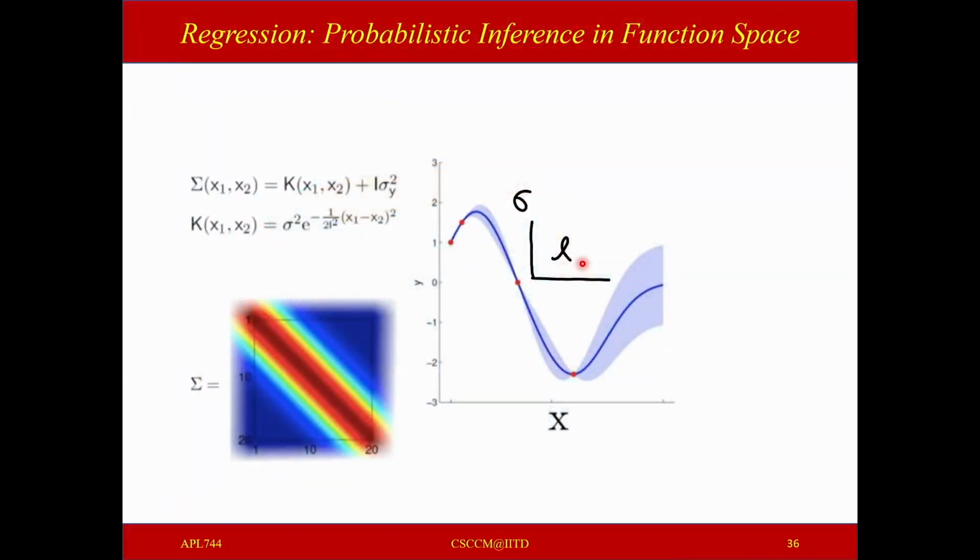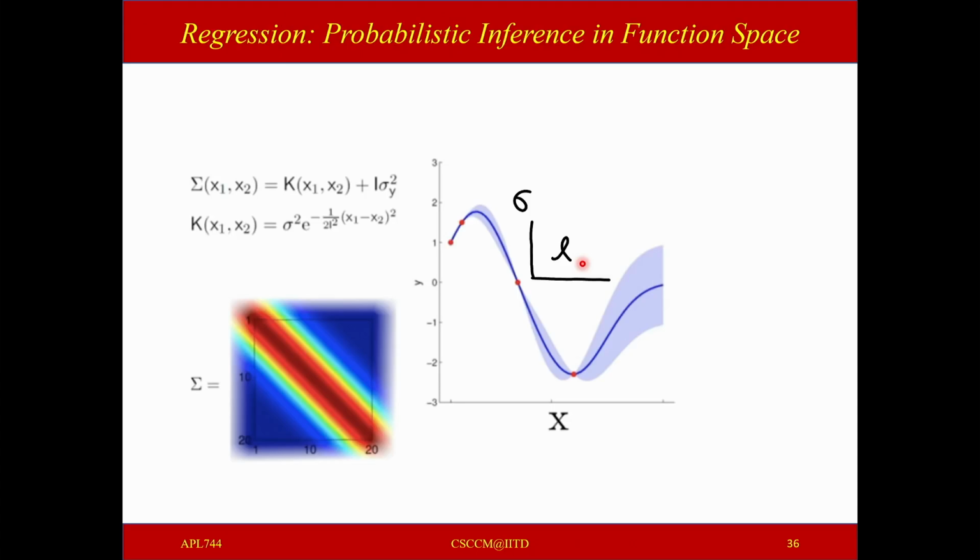And then what you see, exponential of minus 1 by 2 L square times (x1 minus x2) whole square, where x1 and x2 are 2 points in time. Okay. Or I should write x minus x prime. Now, what can you say from that structure?